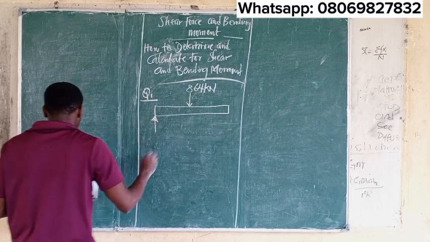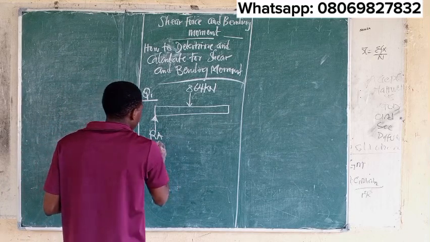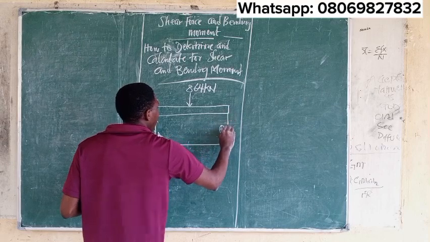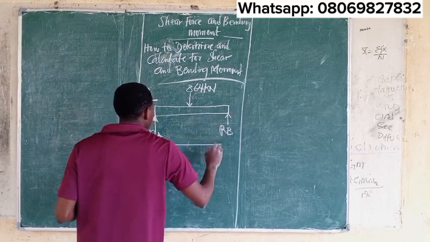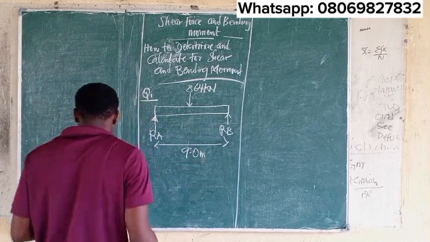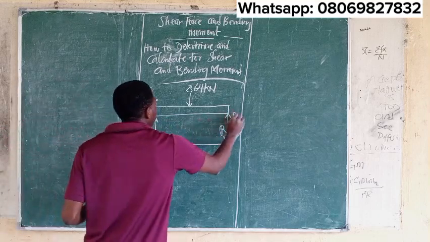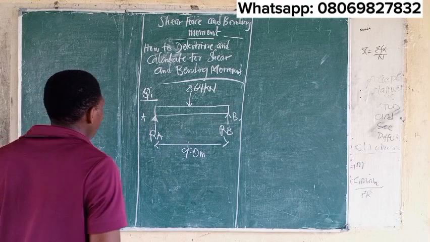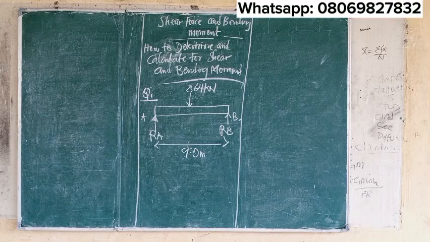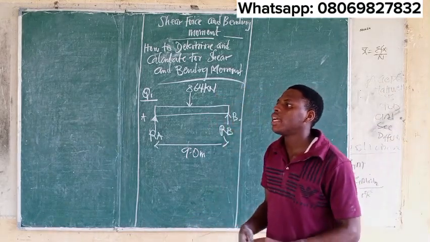You are given a support RA and you are given another one RB. And this is 9.0 meter. They said this is A and this is B. I think that's all. They said we should draw the shear force diagram and the bending moment diagram.